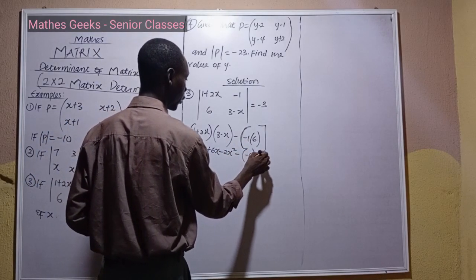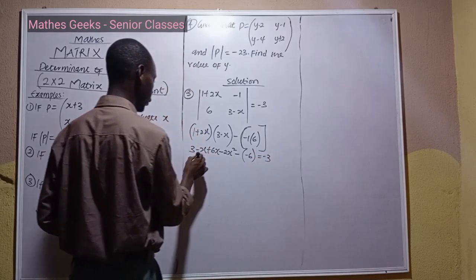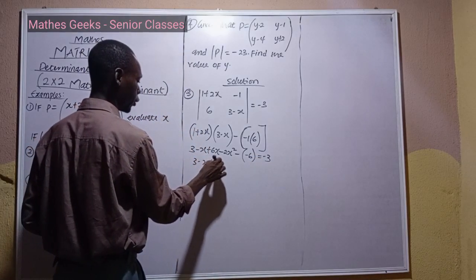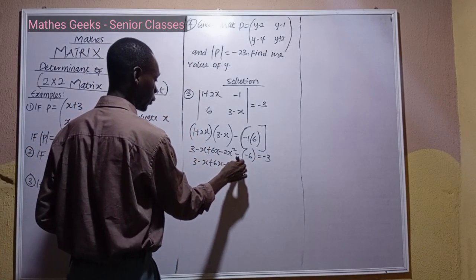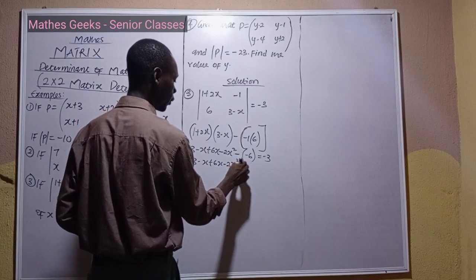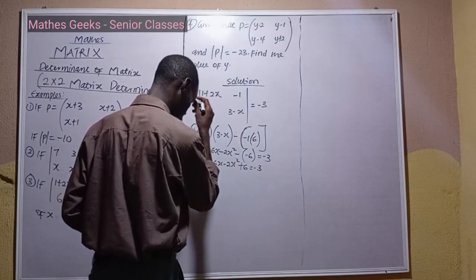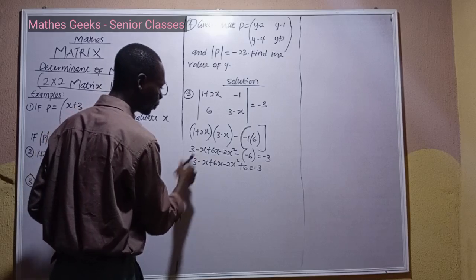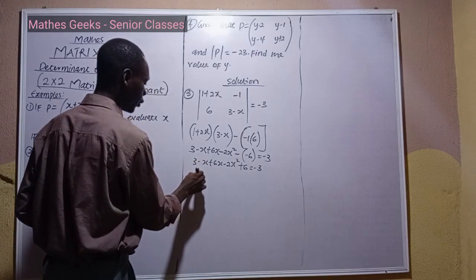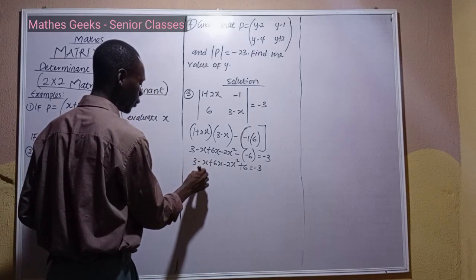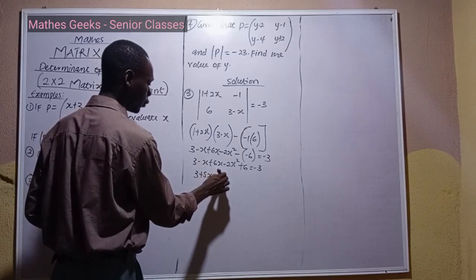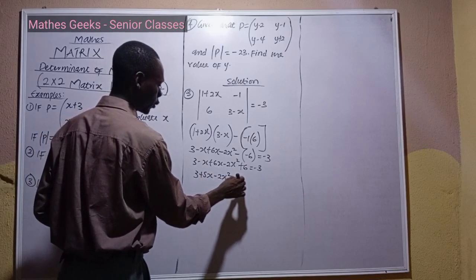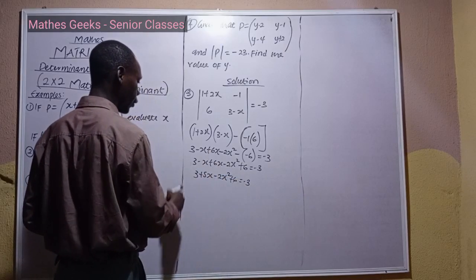Minus 6 equals minus 3. Minus x plus 6x minus 2x squared minus 6 equals minus 3. Okay, so 3 minus x plus 6x will give us plus 5x minus 2x squared plus 6 equals minus 3.